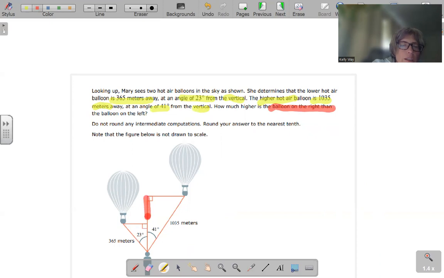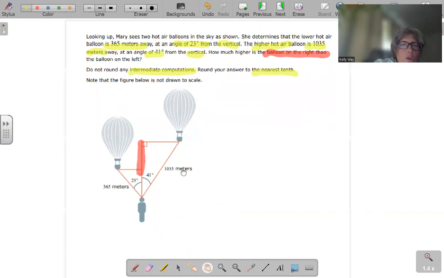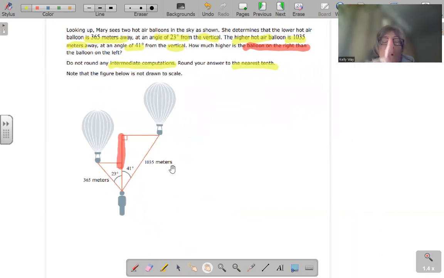So it wants this distance. How much higher is your ultimate distance here. Here's the tricky part. Do not round any intermediate computations. Your final answer gets rounded to the nearest tenth. So you have to set this up as one giant equation. Let's do the triangle separately.